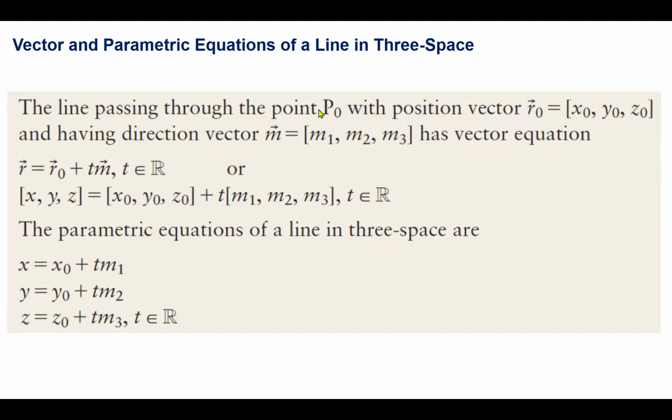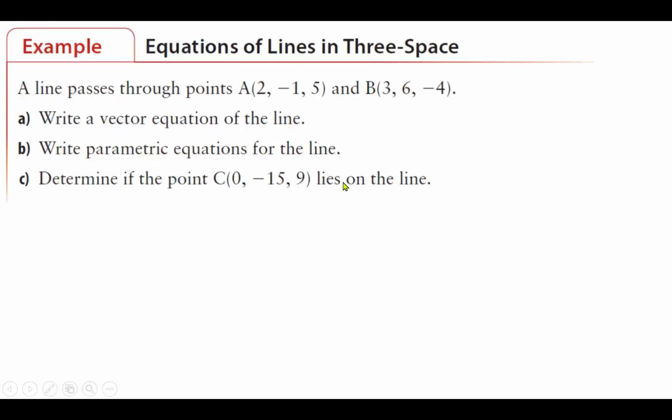Okay, now let's have a look at an example to check your understanding of the vector and parametric equations of a line in 3 space. So a line passes through points A, whose coordinates are (2, -1, 5), and point B, whose coordinates are (3, 6, -4).